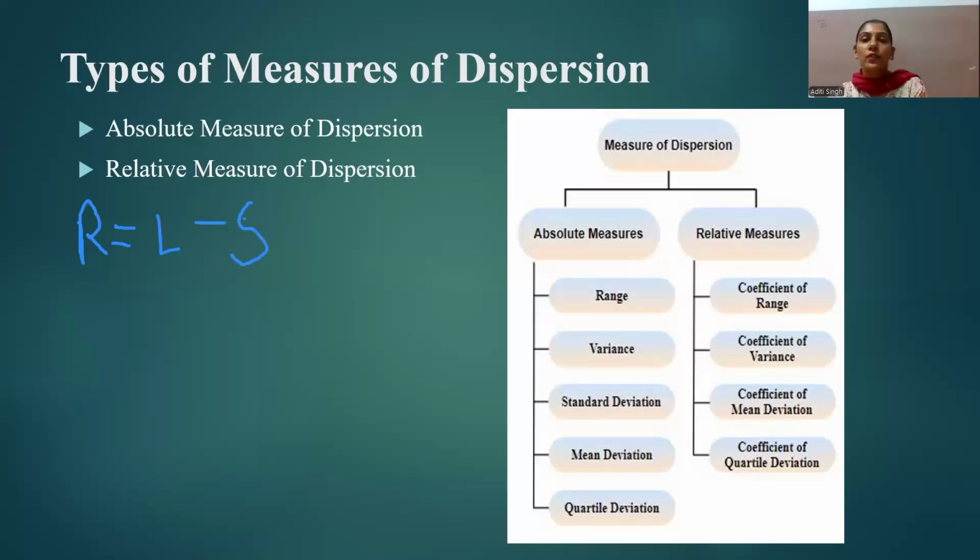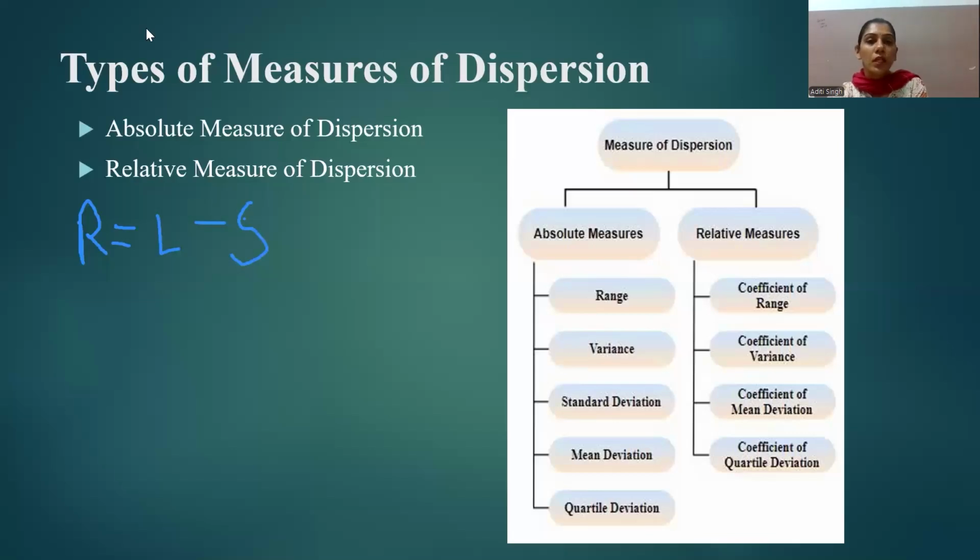Quartile deviation is further divided into two categories: interquartile range and semi-quartile range. Interquartile range refers to the difference between the values of two quartiles. The semi-quartile range is expressed as half of the difference between the upper quartile and the lower quartile.